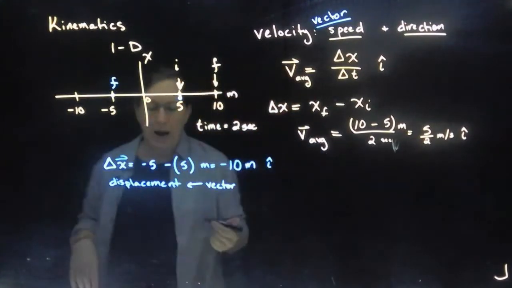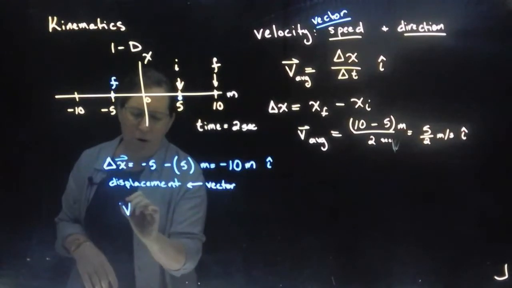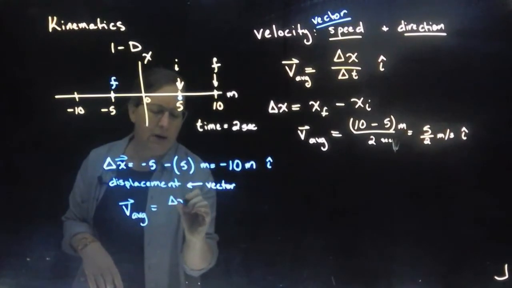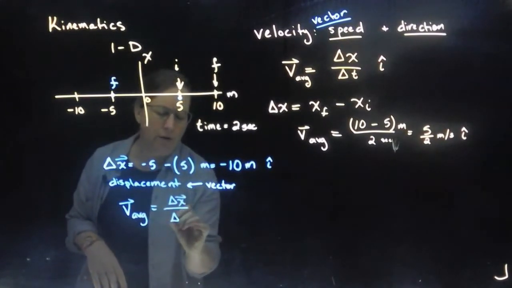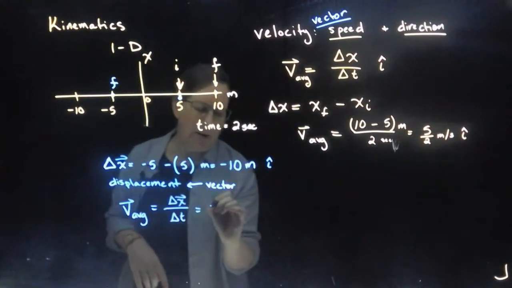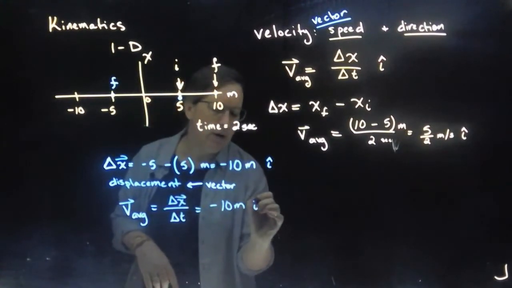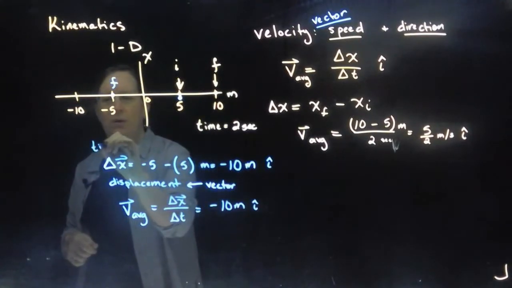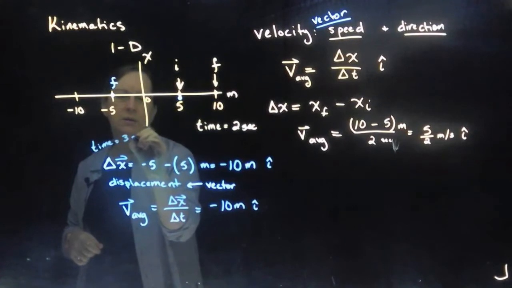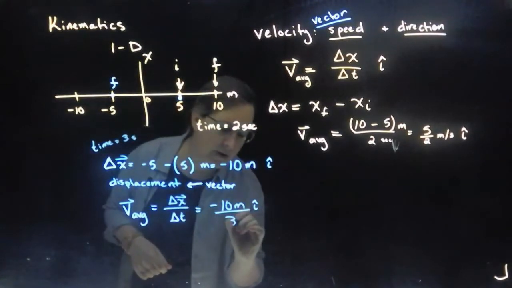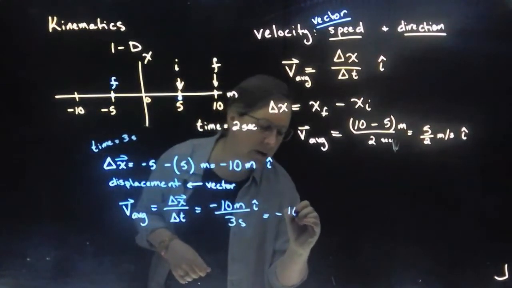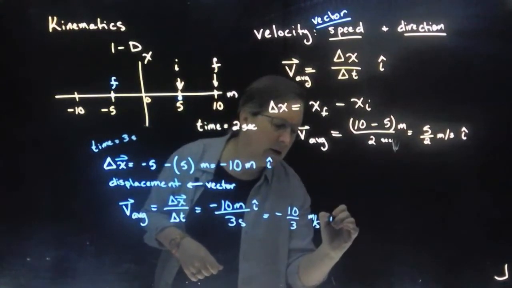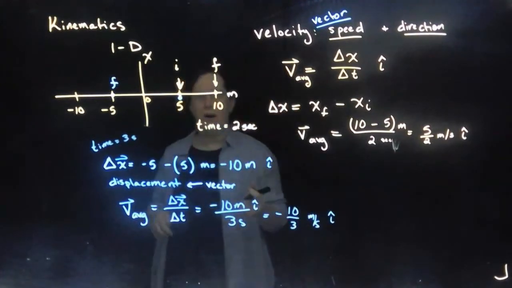Okay, so this average velocity here, our v average, is going to be our delta x over delta t, which would be -10 meters in the i hat direction. And let's say that time was like 3 seconds. So over 3 seconds, that gives us -10 over 3 meters per second in the i hat direction, in the negative i hat direction.